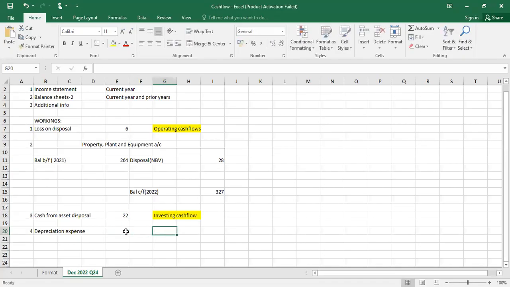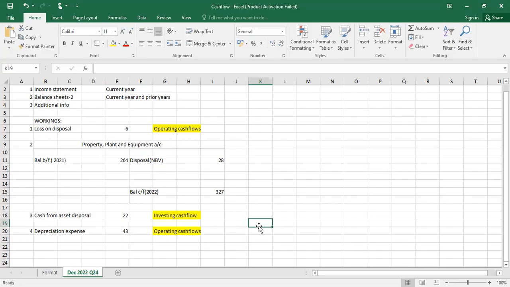You must work it out, because later in the statement of cash flow, this will also be adjusted for under the operating cash flows.